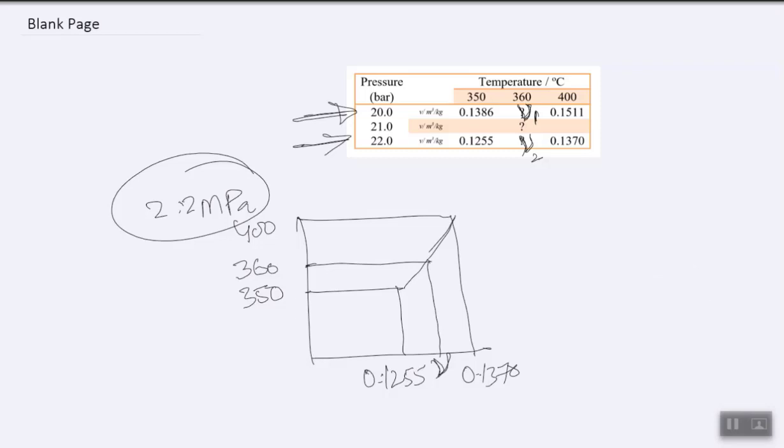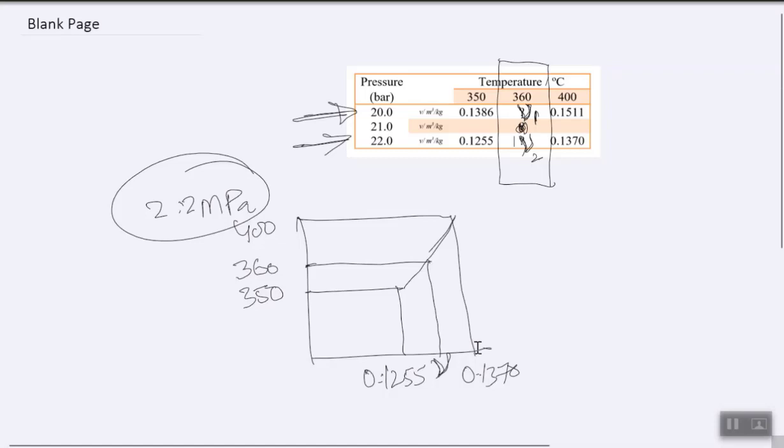Now I have a volume at two extreme positions, and I need to find this volume.